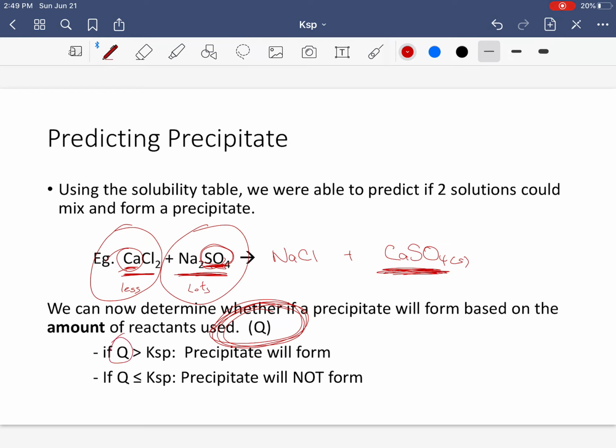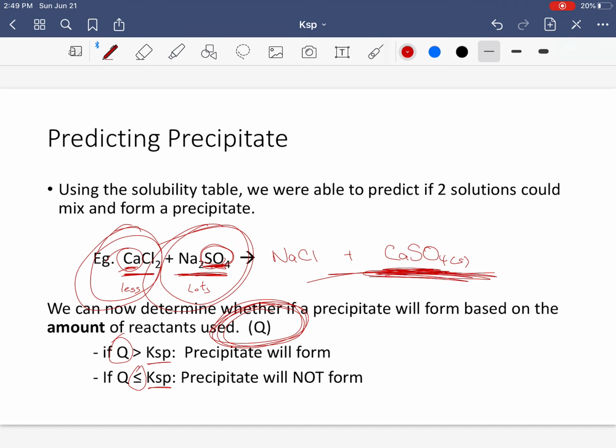Because if you calculate Q and Q is greater than Ksp, oh yeah, precipitate forms. Meaning that you have enough of this and you have enough of this to make this work. However, if Q is either equal to Ksp or less than Ksp, you're going to think that this reaction will not proceed.